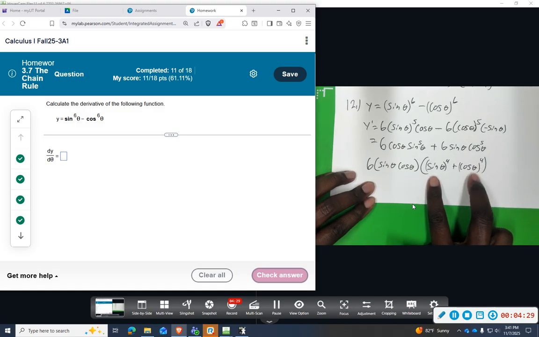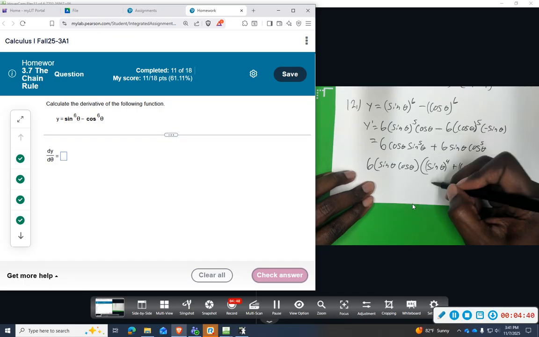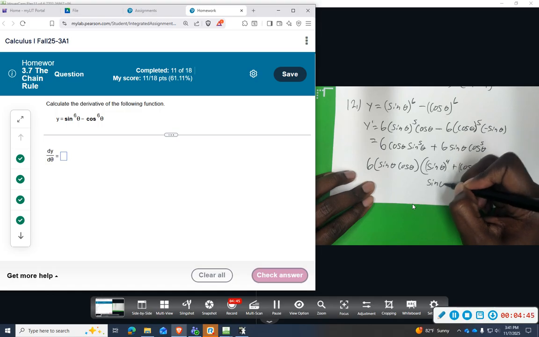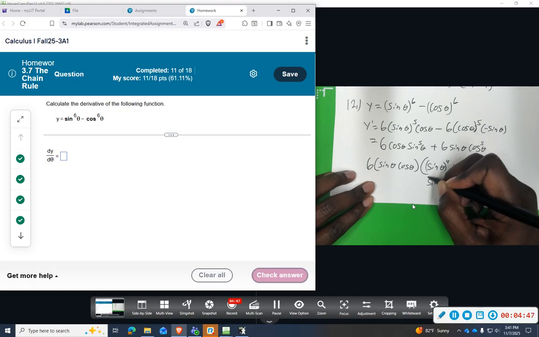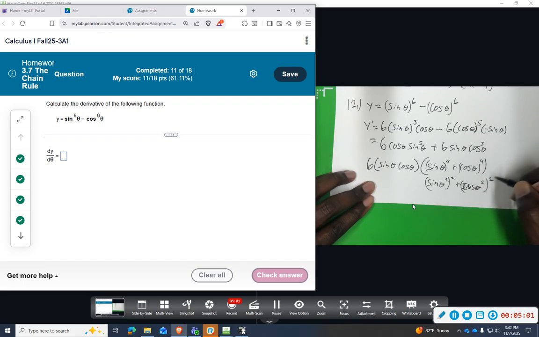And I was almost thinking we could use a Pythagorean identity. Cosine squared plus sine squared is equal to 1, which I think we can. We can think about this as sine of theta squared to the 2nd power plus cosine theta squared second power.